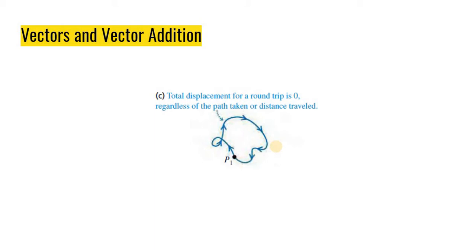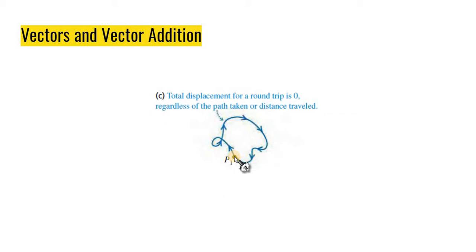Then the total displacement for a round trip is 0, regardless of the path taken or distance traveled. In this example, in figure C, from point P1 the point moves here and then goes here. It's also a curvy movement, but it goes back to its original position.